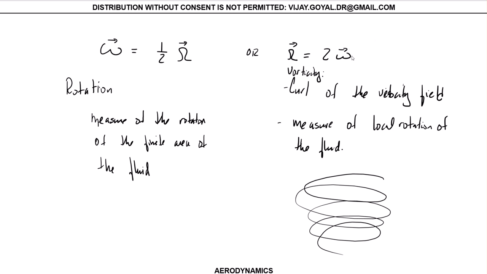It is correct, however, that I can say I want to simplify all my math, evaluate everything in terms of big omega, this is vorticity. And then from here, because I don't want to carry this 1/2 everywhere, I can say, to simplify my life, I will do everything in omega, then I will just multiply by 1/2. The vice versa is true as well.